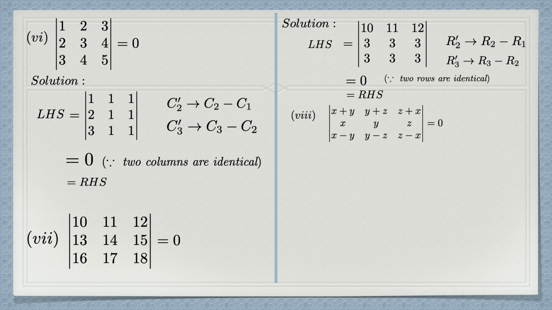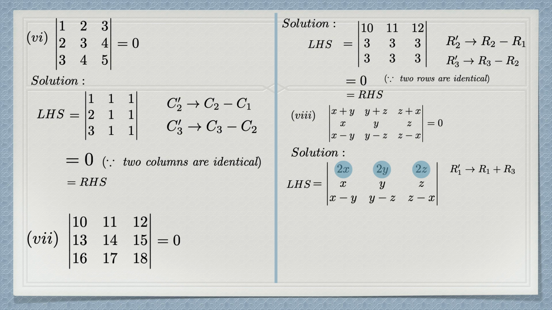Eighth problem. We have to prove the determinant value equal to 0. Solution. Left hand side equal to, now again we'll think whether by adding or subtracting we'll get a simpler form. Here by adding row 1 and row 3, we get 2x, 2y, 2z.